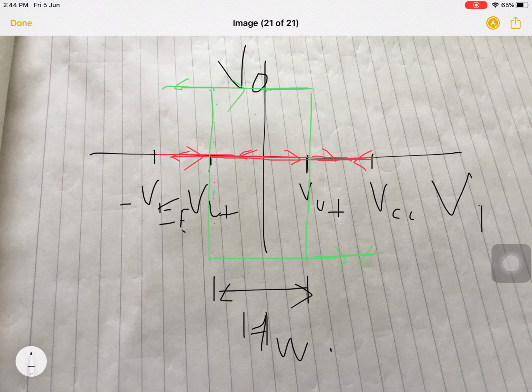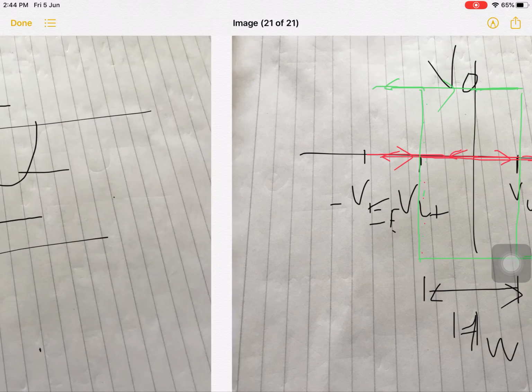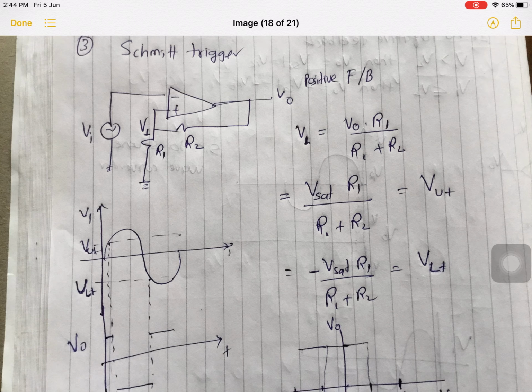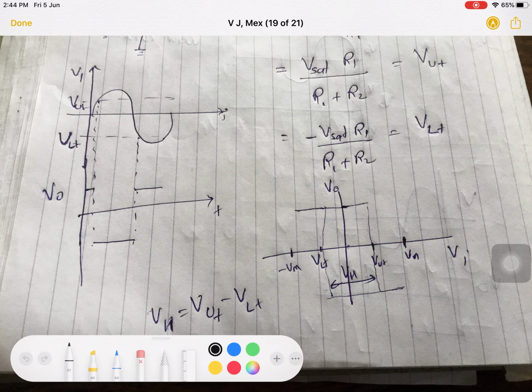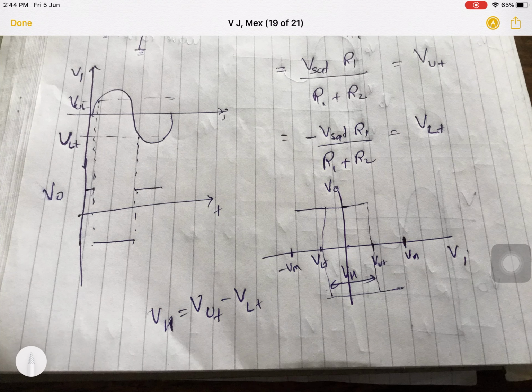It is written as VH, the hysteresis width, and it is calculated as VUT minus VLT, upper threshold minus lower threshold. So this is the Schmitt trigger.